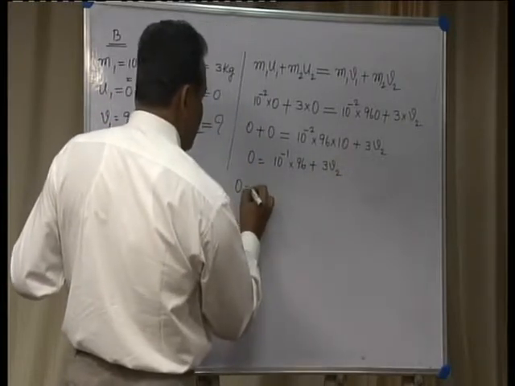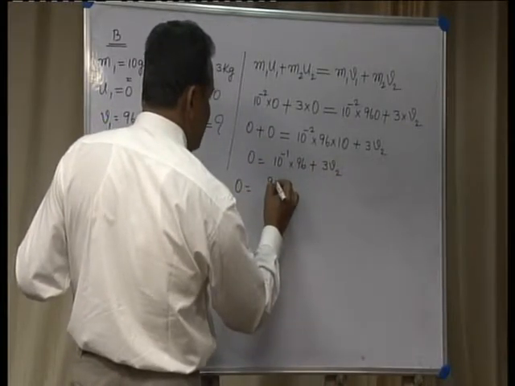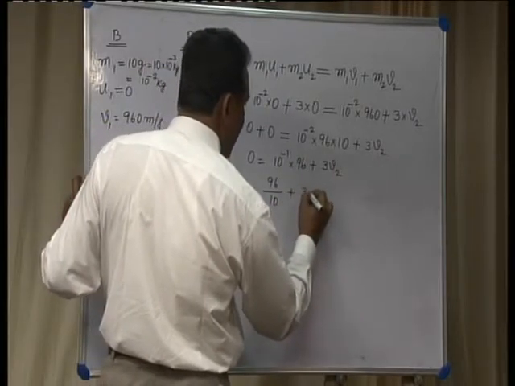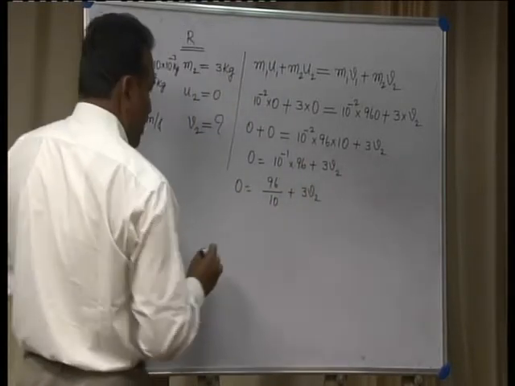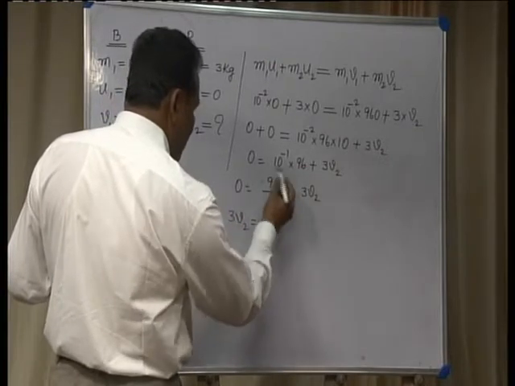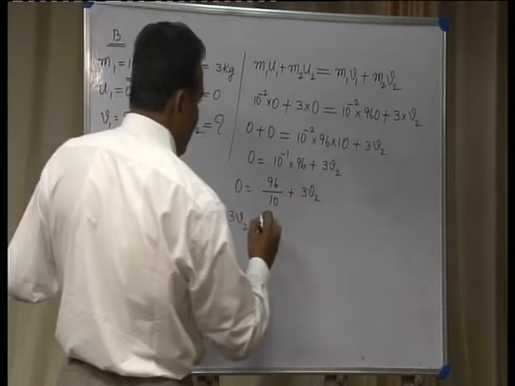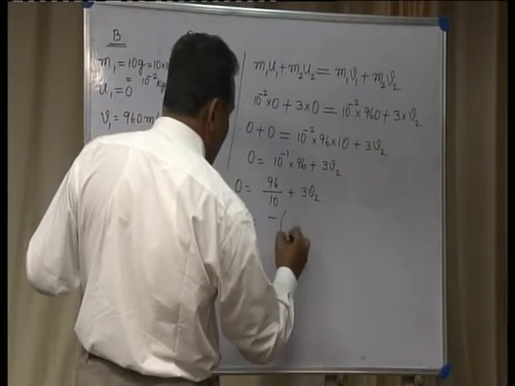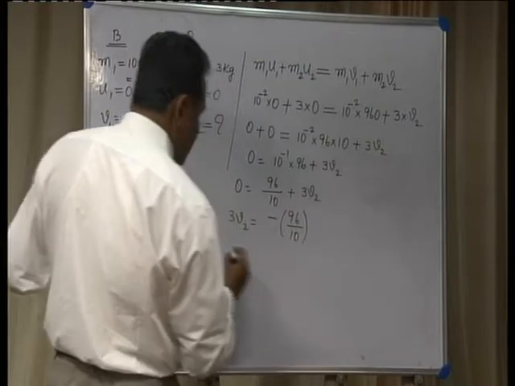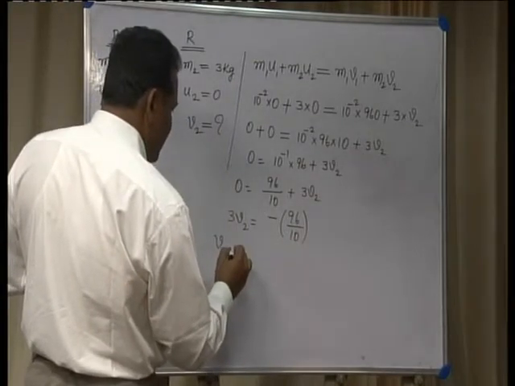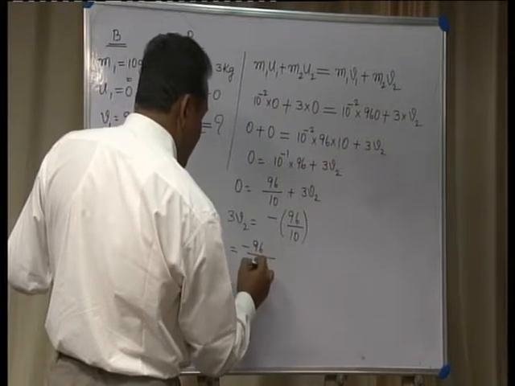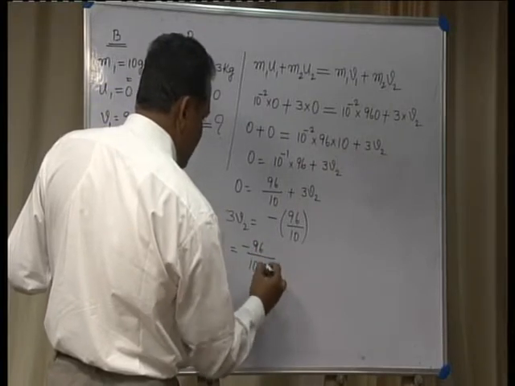So 0 equals 96 divided by 10 plus 3 times v2. Transferring this quantity to the left hand side, it becomes minus 96 by 10. Cross multiplying, v2 equals minus 96 by 10 into 3.